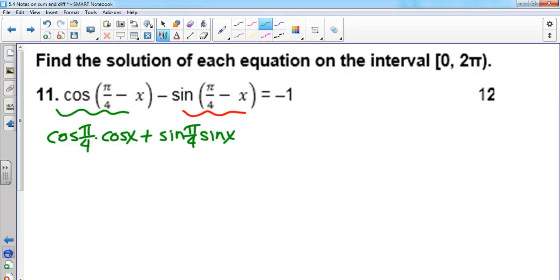This is not a verify, it's actually a solve, so if you wanted to skip some steps, you could, in theory. Then there's a minus. And then we're supposed to do the whole sine garbage back here, so I'm going to put a parenthesis. What's the sine of A minus B? Sine times cosine.